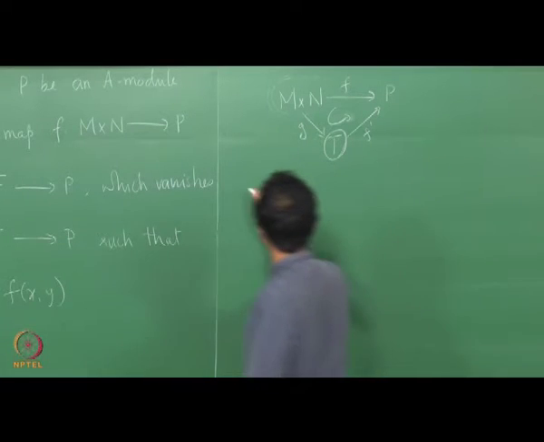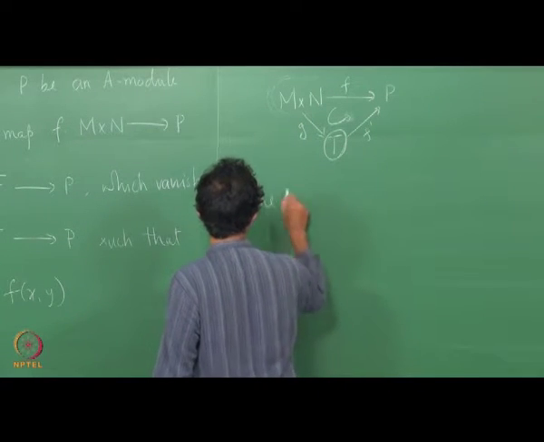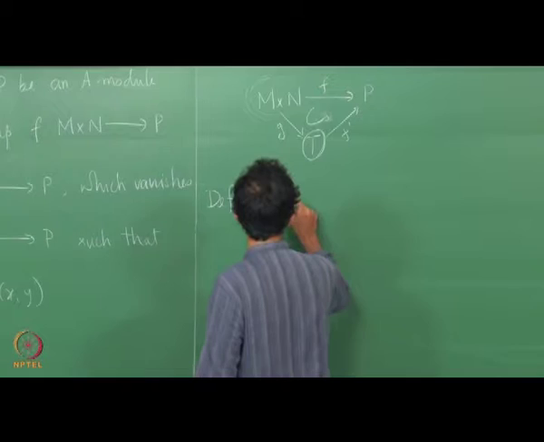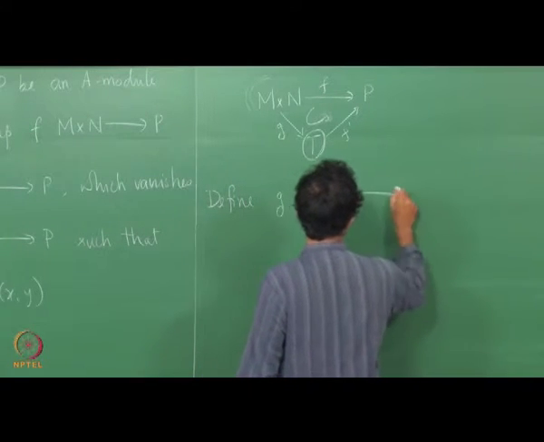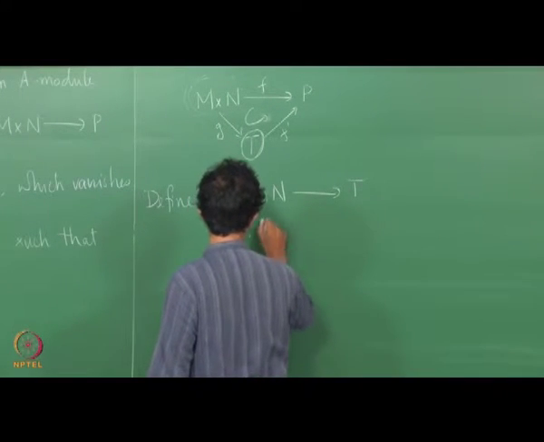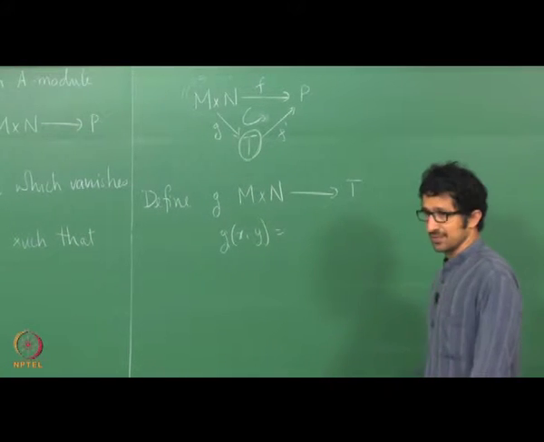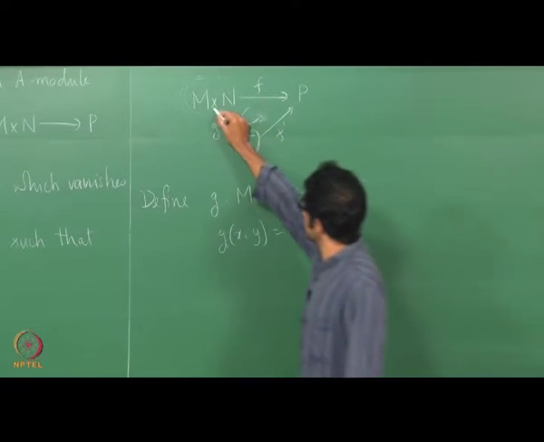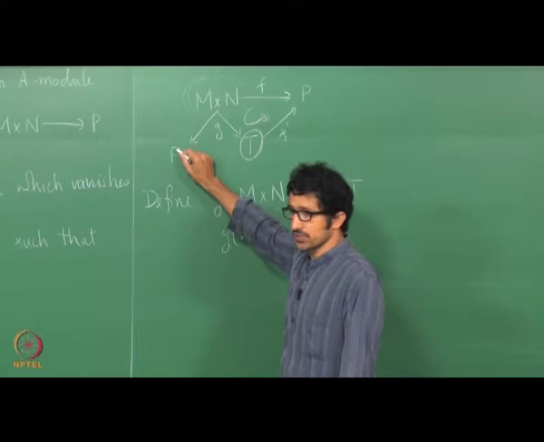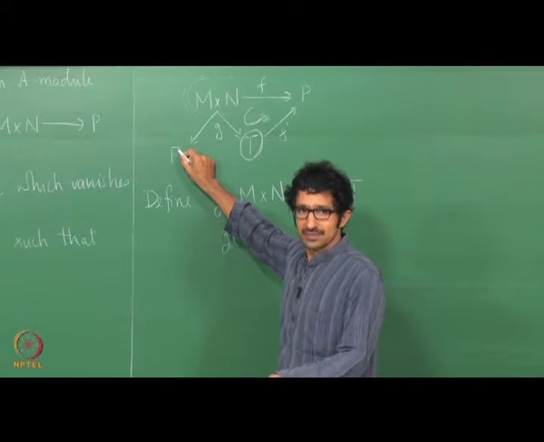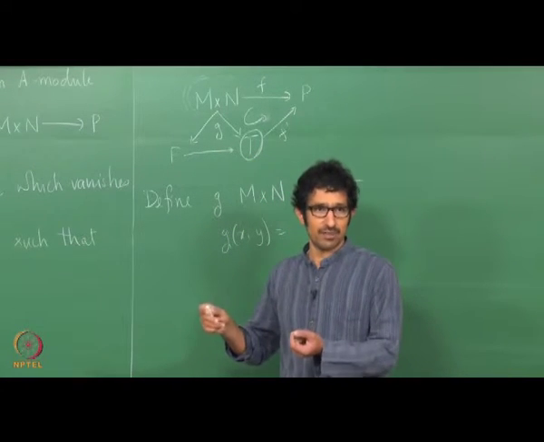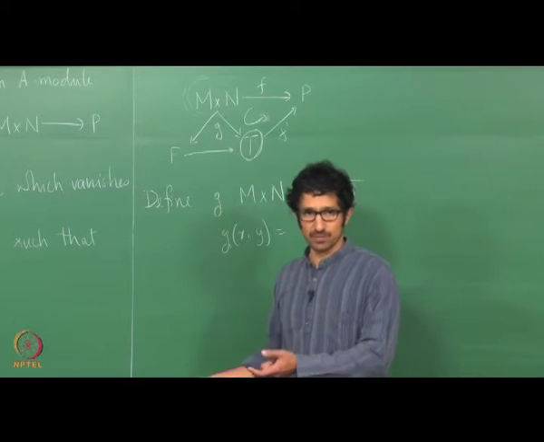Define g from M cross N to T. There is a natural way: g induces a map into F, (x, y) going to e(x, y), and from F there is a natural quotient map, e(x, y) maps to e bar (x, y).